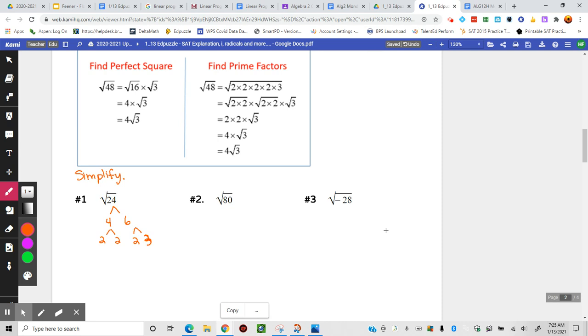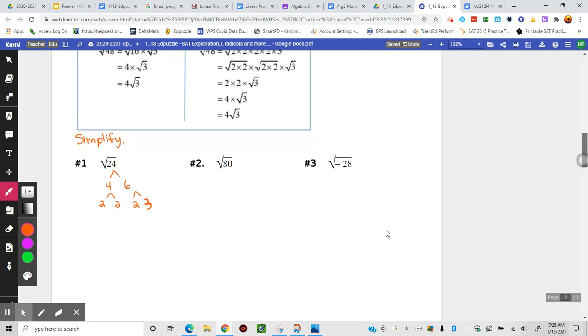Right? When you break them down into the prime factors, you've broken them down into as far as they can go. So that means my next step is 2 times 2 times 2 times 3, because that will give me 24. Now you want to just take what you already know about radicals and keep that in your mind, right? So you guys know that the square root of 25 is 5.